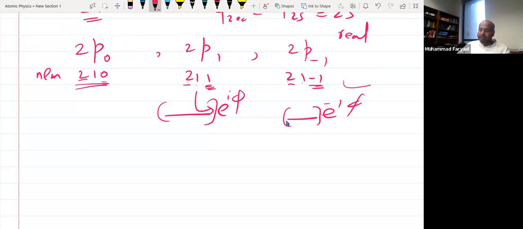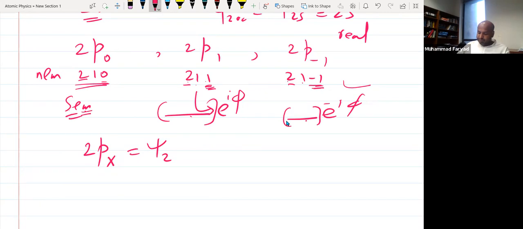And the associated Legendre polynomials are independent of the sign of m. So the S_lm part is exactly the same in both of them because these are independent of the sign of m.